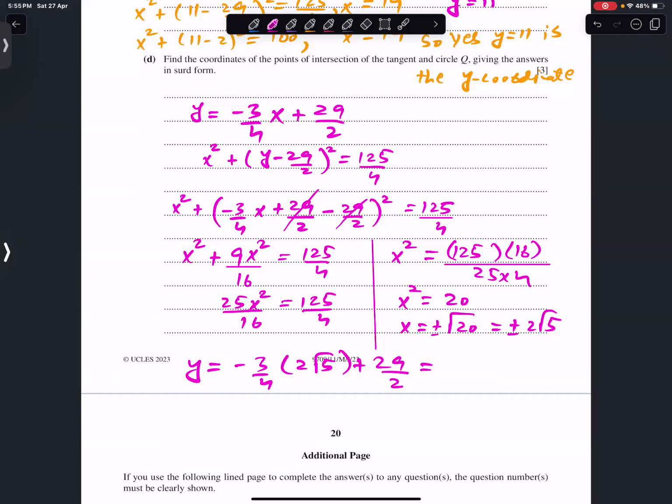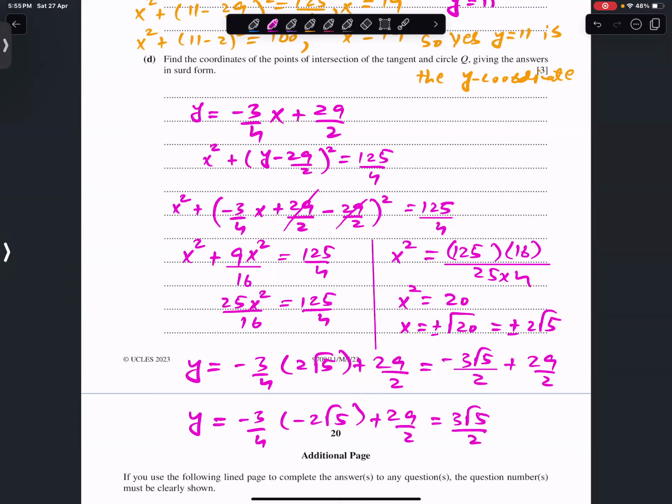So this will be your answer: −3 root 5 over 2 plus 29/2. And the second will be −3/4 times −2 root 5 plus 29/2, and that will be 3 root 5 over 2 plus 29/2.